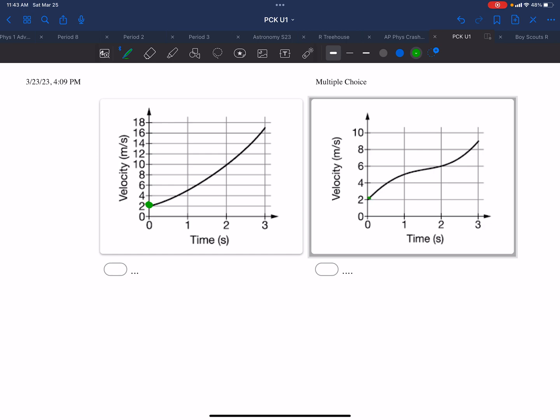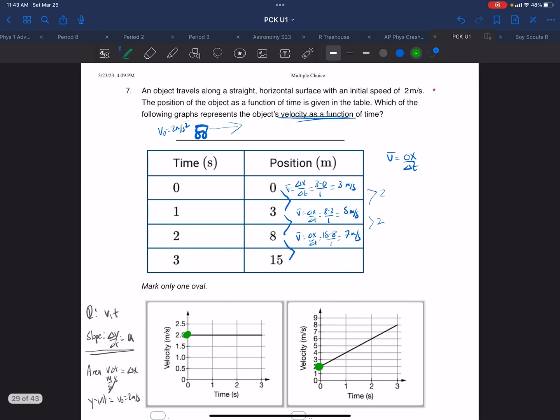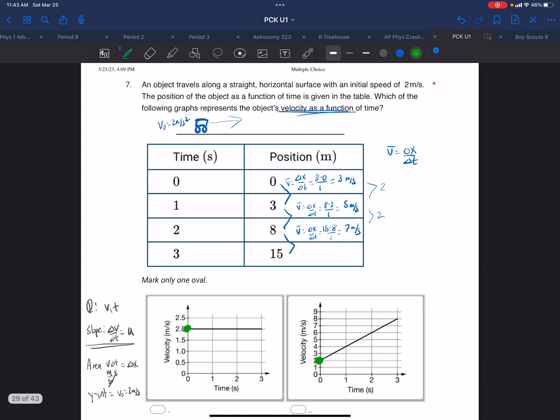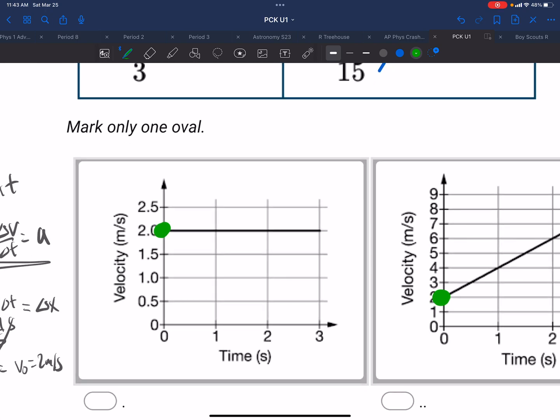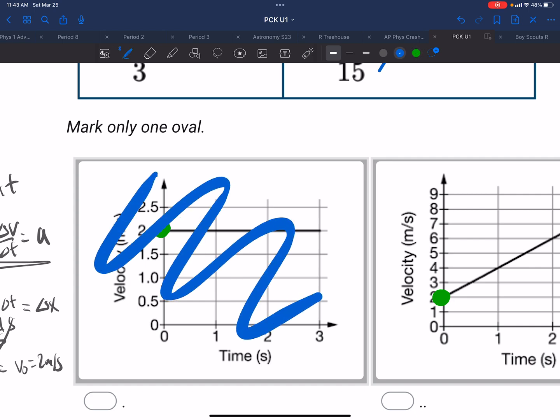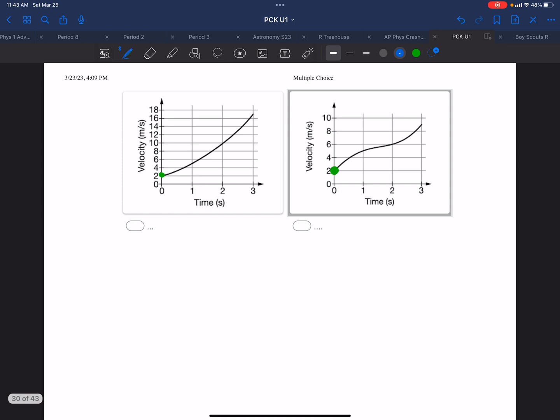So the y-intercept, which sometimes is helpful to us, isn't going to help us here. The next thing we want to see is that the velocity is increasing. So if we look at this first choice, the velocity remains 2, so that is out as a possibility. It says the velocity remains the same. We look at the other 3, and we see that the velocity is changing, generally increasing.